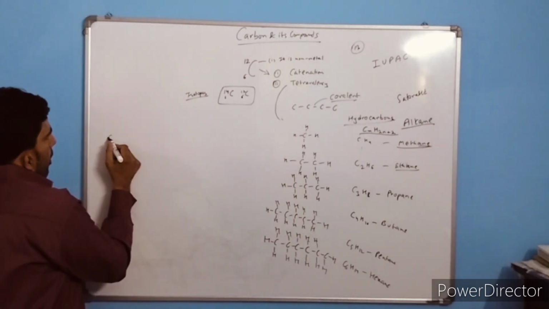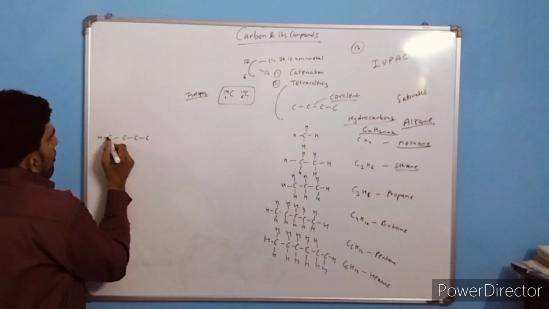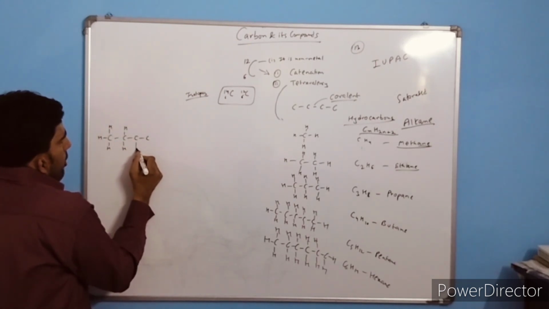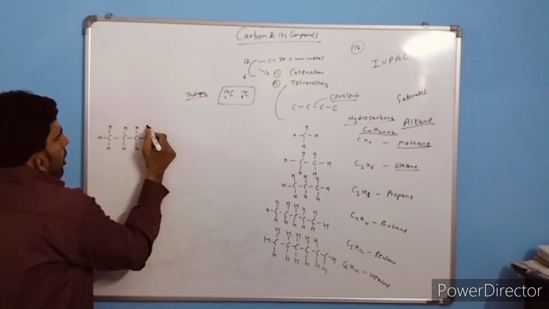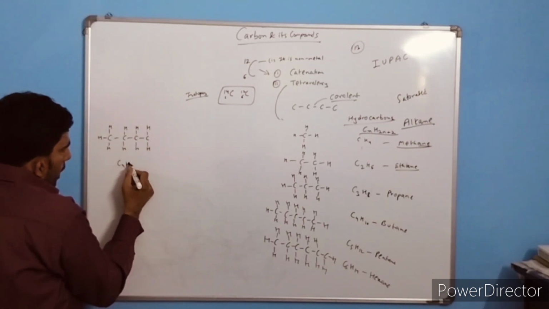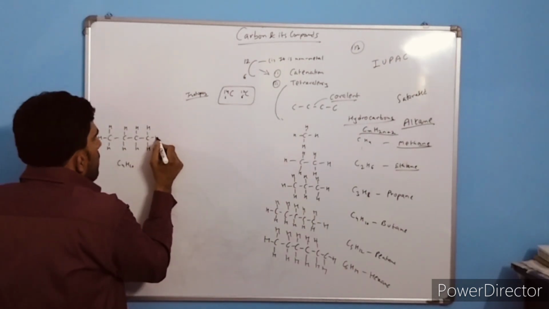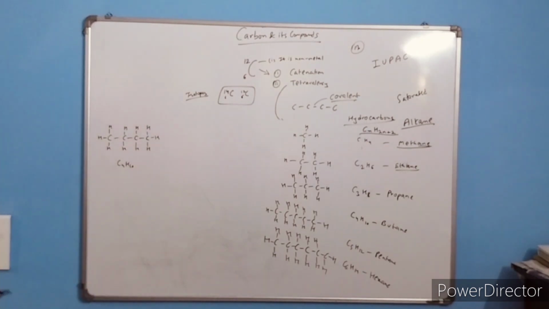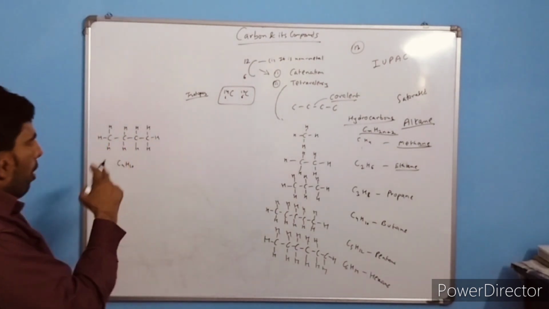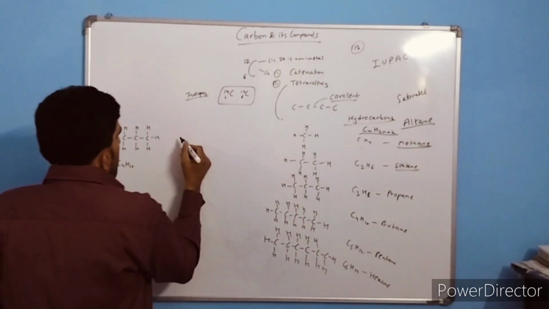First, I have drawn the straight chain, C4H10, that is butane. Now I will draw a different structure, but the molecular formula will be the same. How? See.